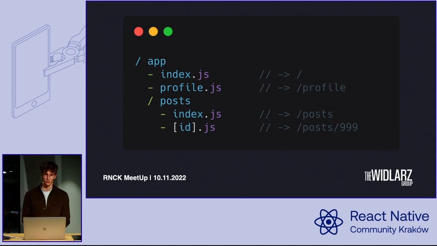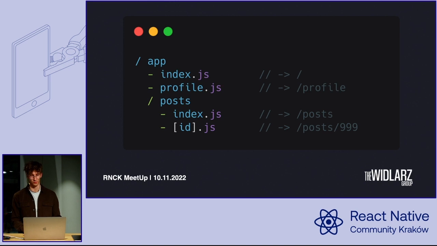And whenever you add a new file in the app directory, you basically add a new screen, and by default, each screen has a path assigned to it. As you can probably see, you can also nest the screens inside some folders. You can do it for a few reasons. One of them might be that, for example, you want to prepend a path to the screen with some additional value.